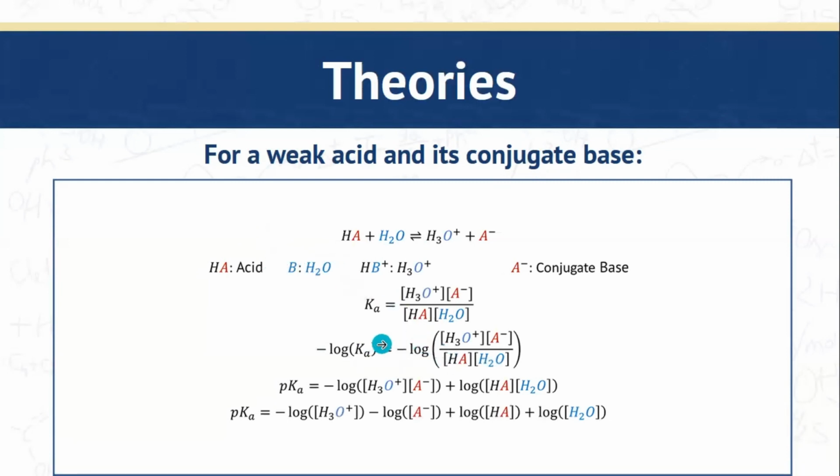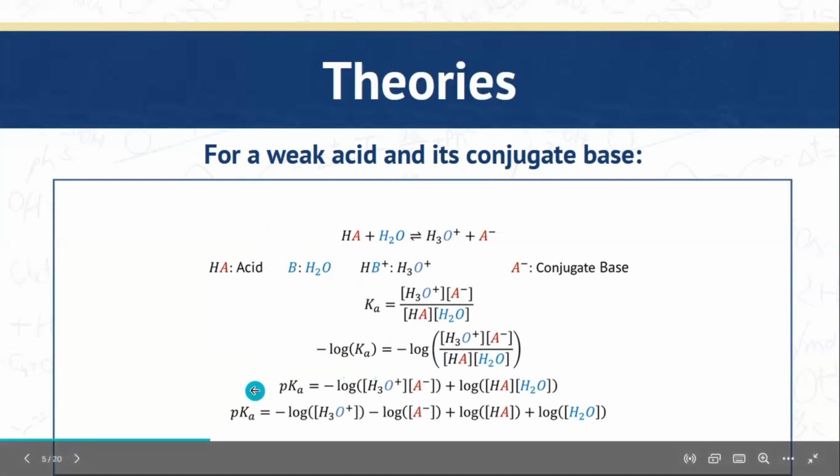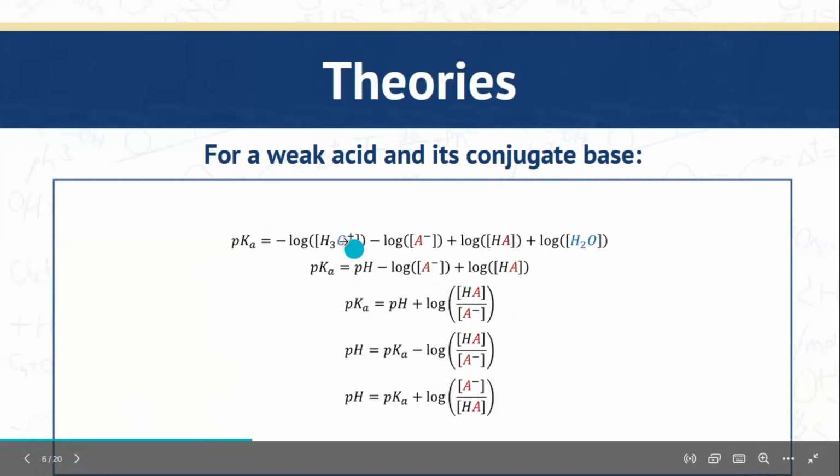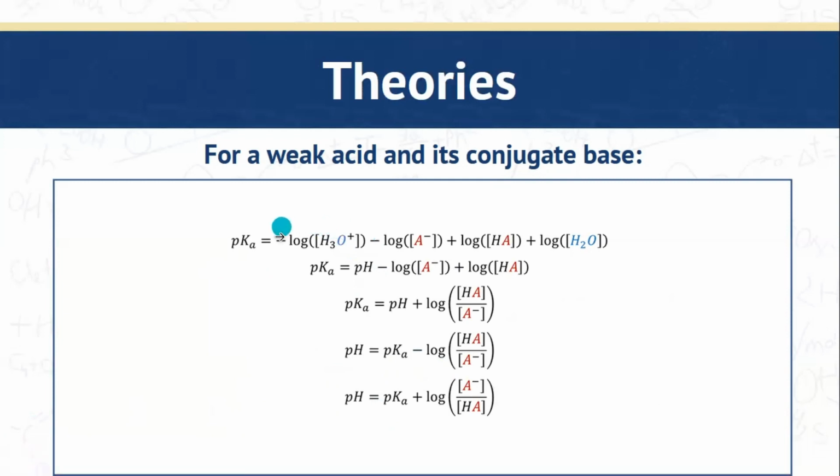We use the negative log and we get this form. The pKa is equal to the negative log of the hydronium minus the log of the conjugate base plus the log of the acid and the log of the water. Notice here that the negative log of H3O is also the negative log of the proton or the hydrogen.